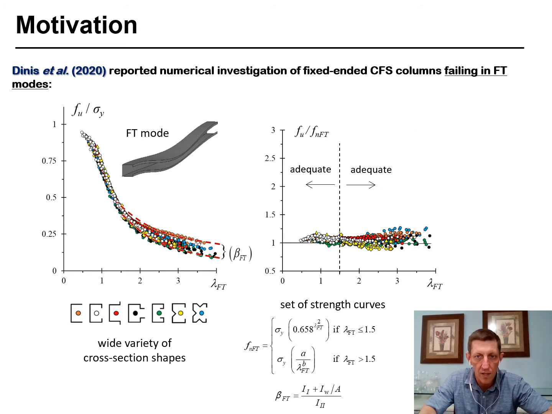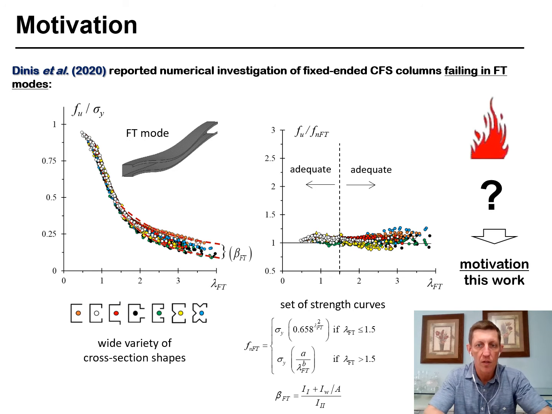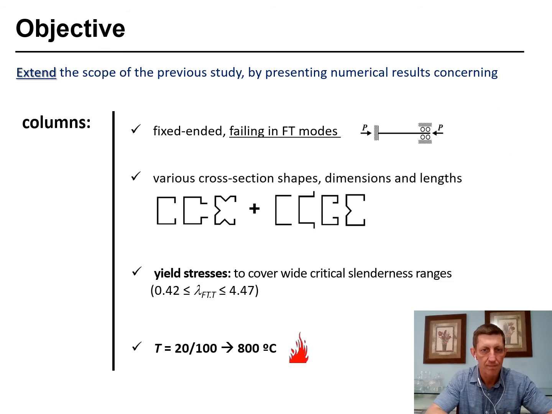As one can see, this curve set predicts very well all the available failure loads. However, it remains to be assessed whether this strength curve set can also be adopted for elevated temperatures, namely those caused by fire conditions, which is therefore the motivation of this work.